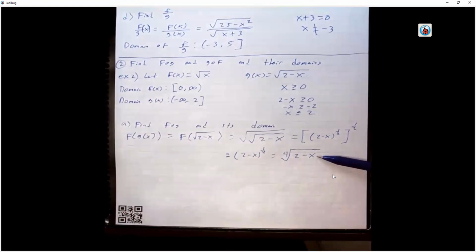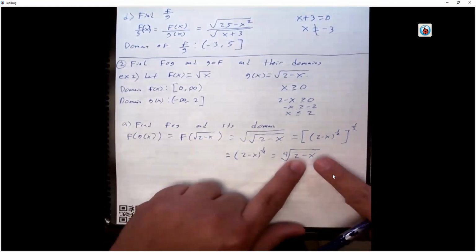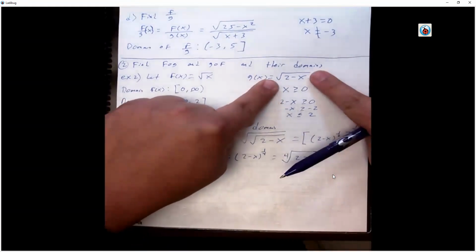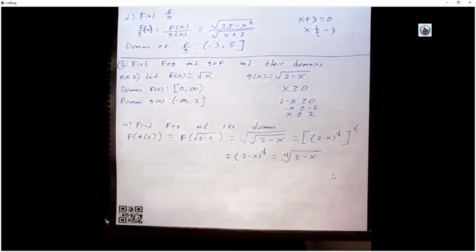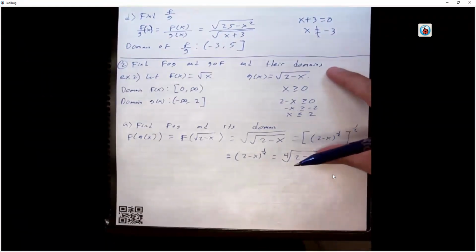Does this have any new restrictions, or is it the same? Yeah, it's the same issue because it's even. So this domain is the same as the original. They look different when you graph them, but they start and go over the same x values. Okay, the y values will be different, but the domain values are the same.